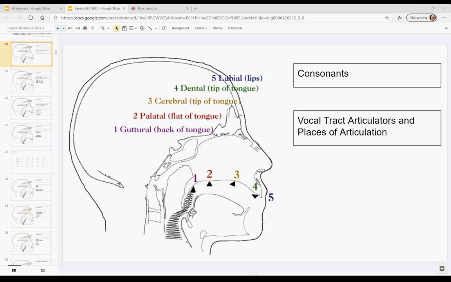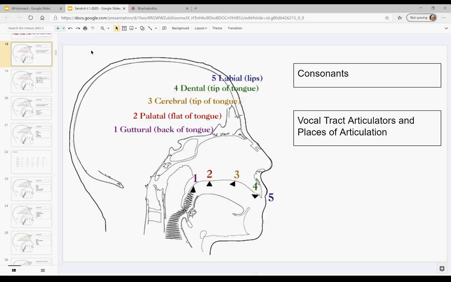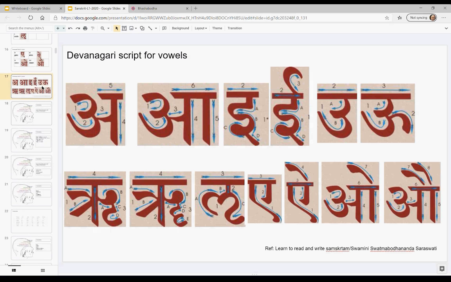Last time we were looking at the chart of letters in Sanskritam, and the pronunciation of different letters. We looked at the chart and the positions from where these different letters need to be pronounced.